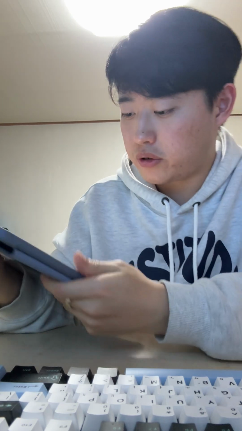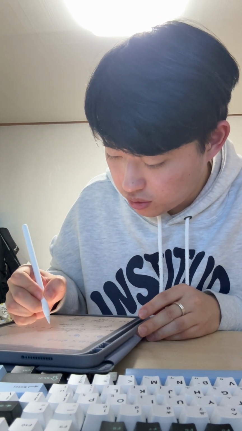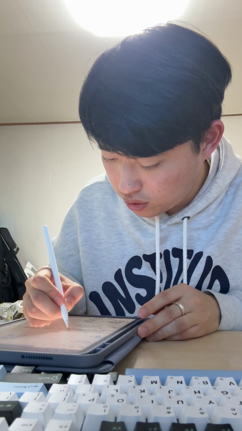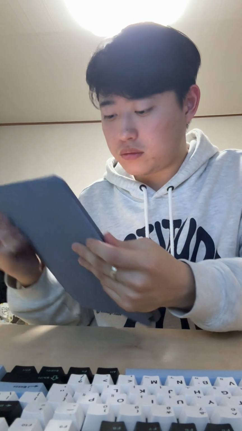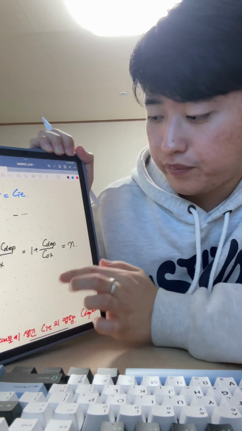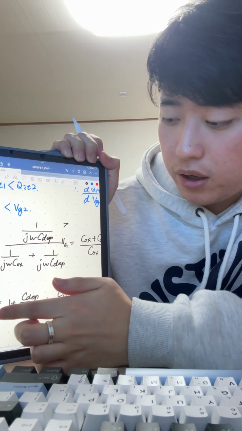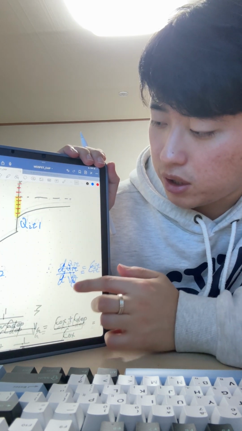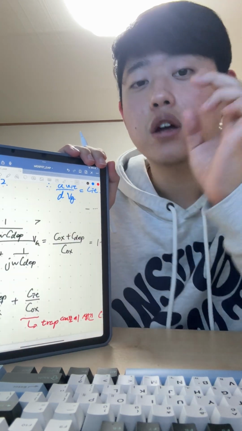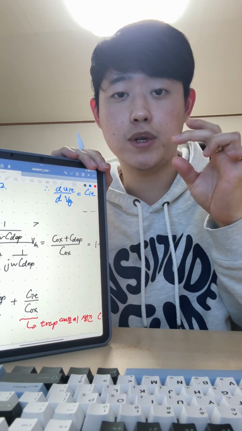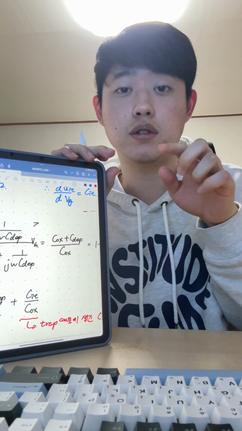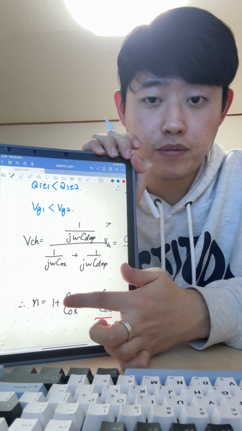Oh, I forgot the VT. Oh, I forgot the VCH. VDD, VT. So this is n. And n is 1 plus CD over COX plus CIT over COX. CIT over COX is here because depletion and trap capacitance are in parallel, so we can only add.